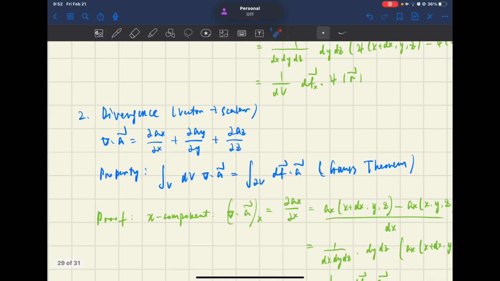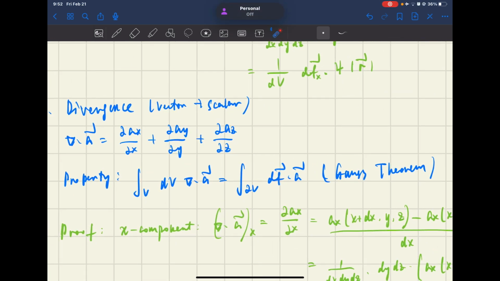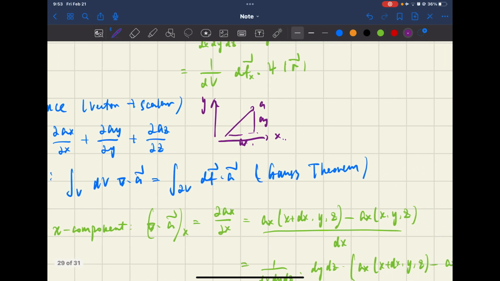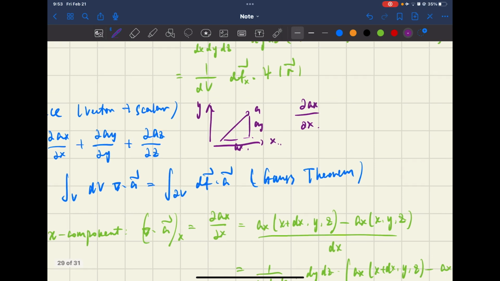Now let's consider what it actually means to take the divergence of a vector field. Let's consider a vector A, and we're considering two dimensions for simplicity, with the y-axis and the x-axis. We divide it into two components, Ay and Ax. The partial of Ax over x is just the rate of change of the x component along the x-axis.